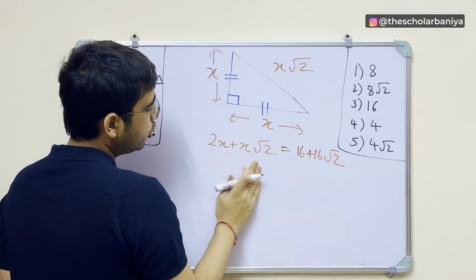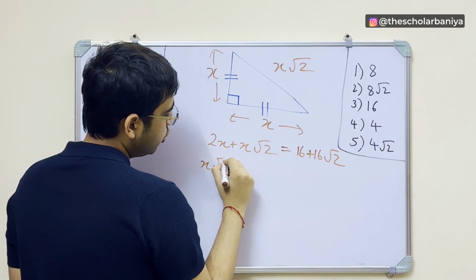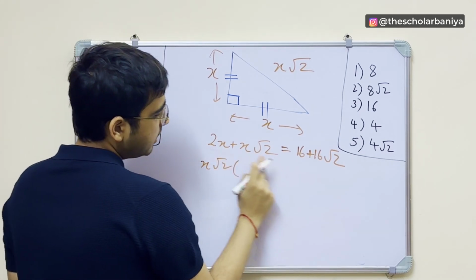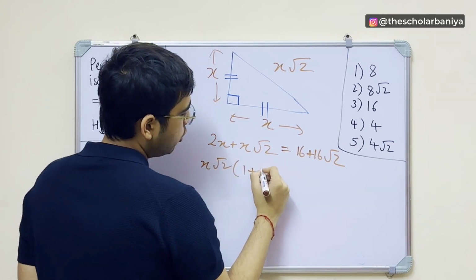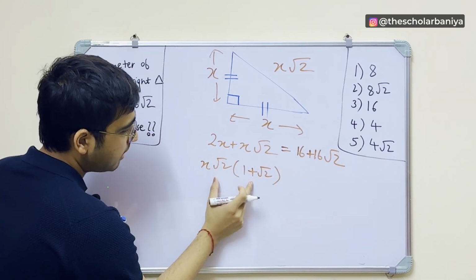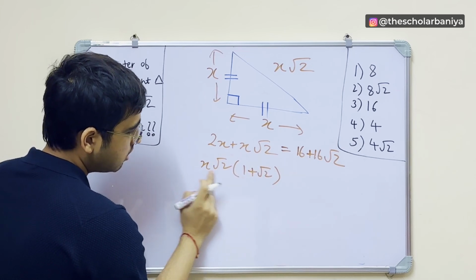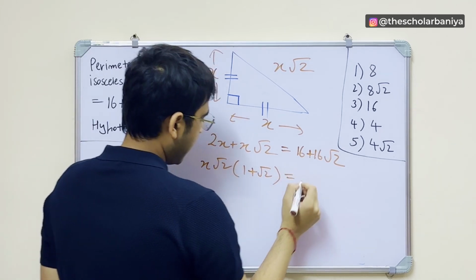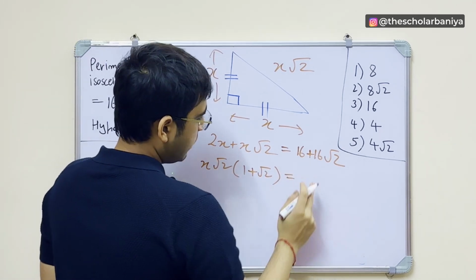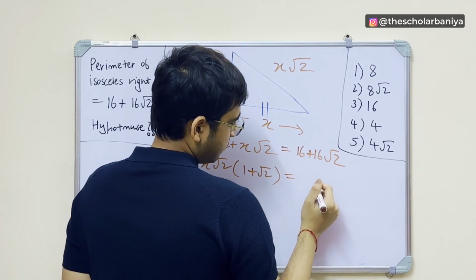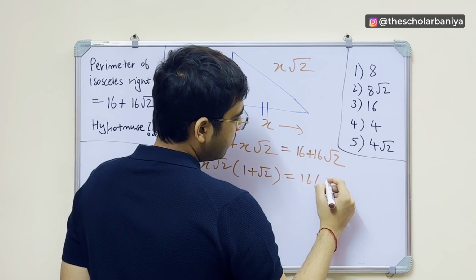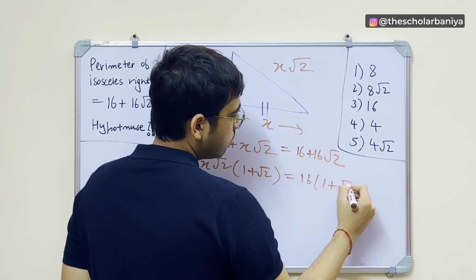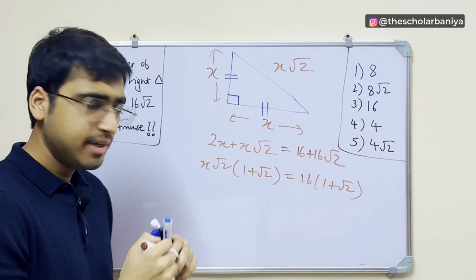Or if we take x root 2 common, we will get 1 plus root 2. So if you multiply this, x root 2 plus 2x, that is equal to, if over here we take 16 common, what will we get? We will get 1 plus root 2. I hope this makes complete sense.